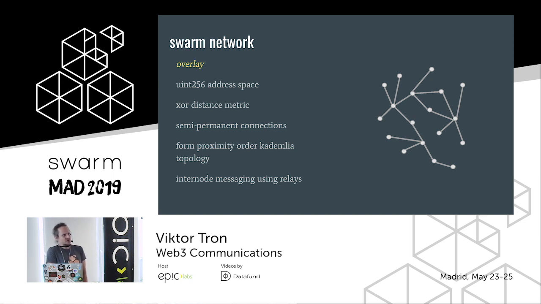So Kademlia topology is basically a particular graph connectivity pattern, which guarantees some properties of graph traversal, namely that you can have a route between any two nodes, and the number of hops that you take is logarithmic to the size of the network.